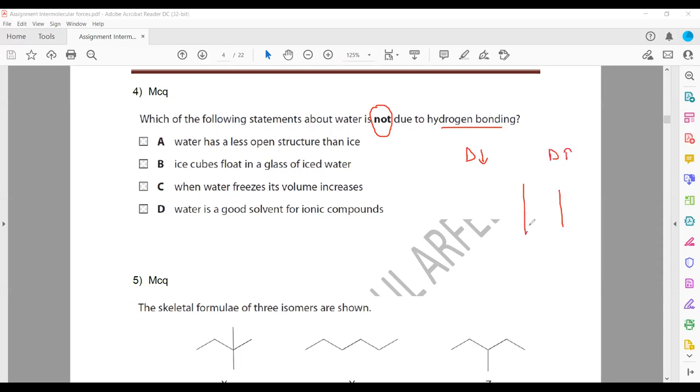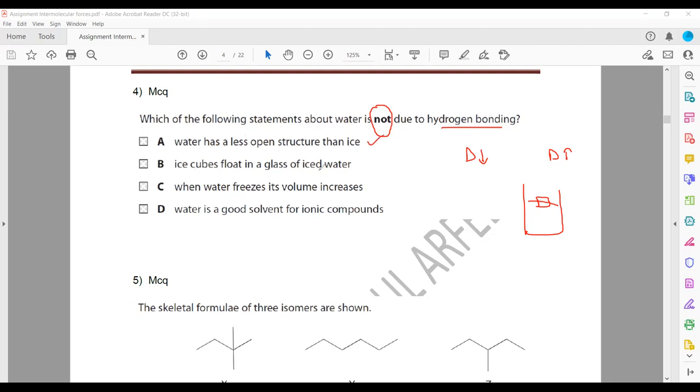That's why the ice will float on the surface. Open structure means less space between the molecules. And what is the reason for that? The reason is hydrogen bonding, because in water the particles are moving around each other, so they have more chances to attract. So this property is due to hydrogen bonding.